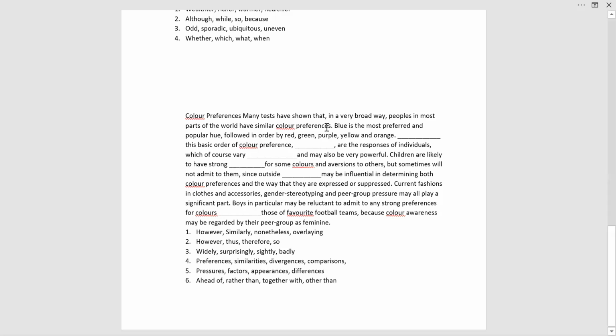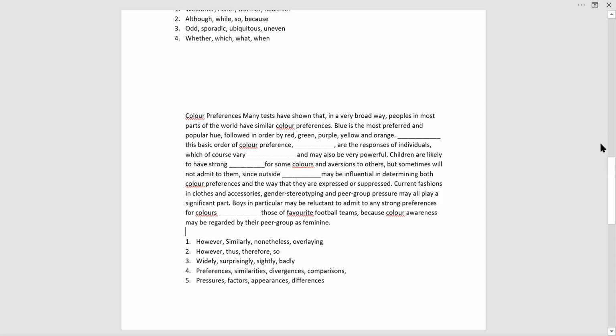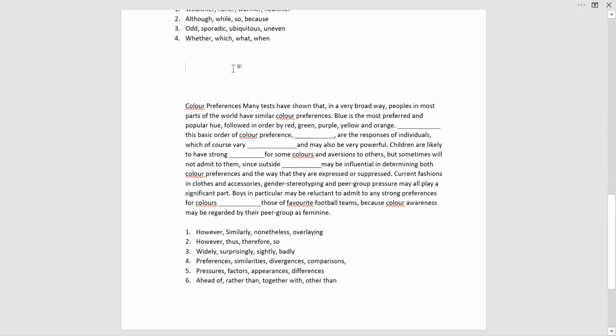Okay, so 6 blanks and 6 options up there. For first, this is the first word you have to pick. And second, third, fourth, fifth, and sixth.